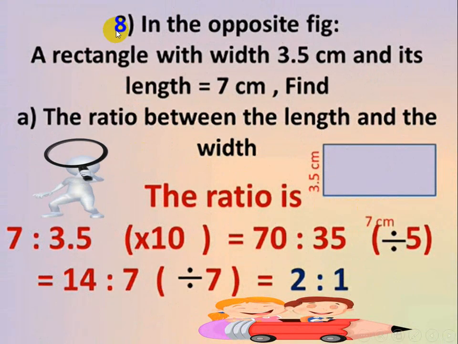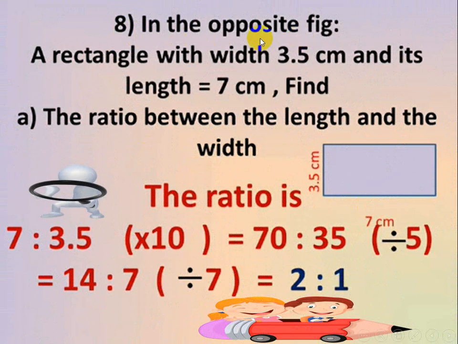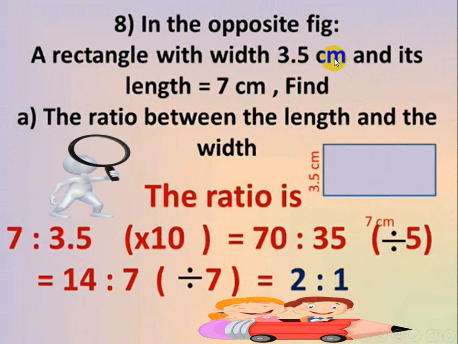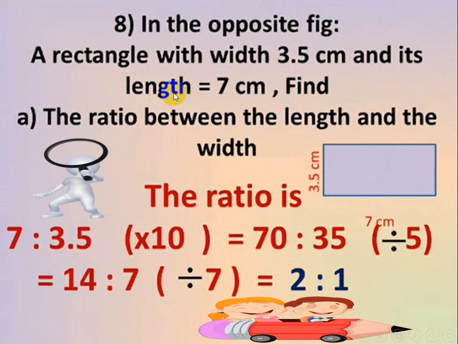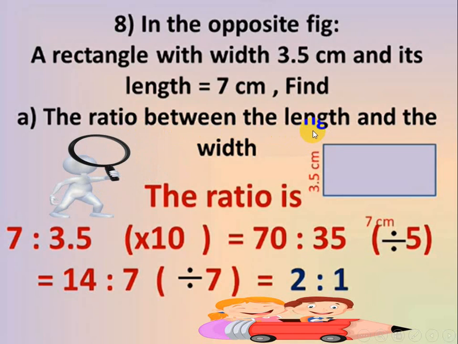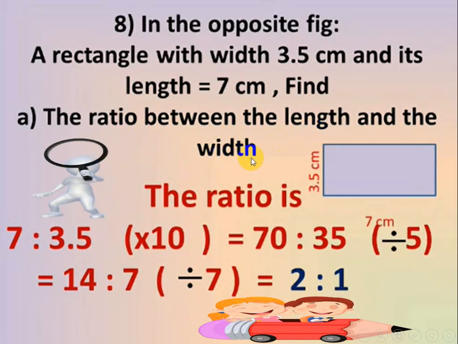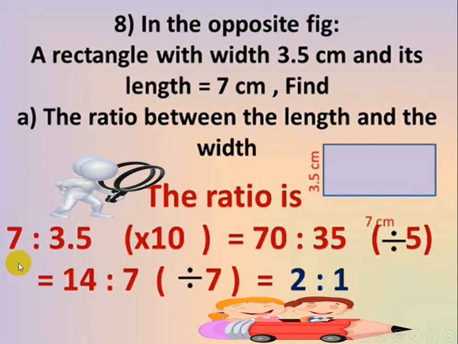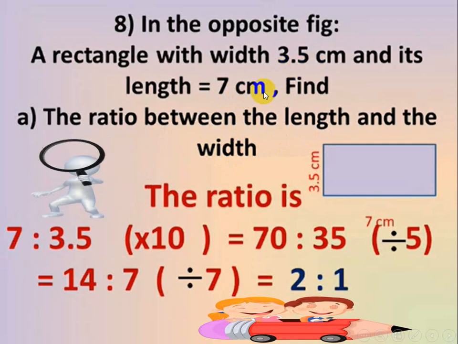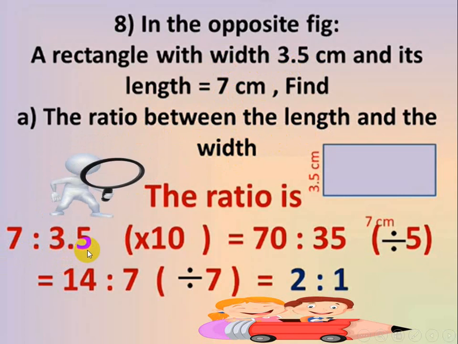Question number 8. In the opposite figure, a rectangle with width 3.5 centimeters and length 7 centimeters. Find number A, the ratio between the length and the width. The length is 7. We will write 7. And the width is 3.5. We will write 3.5.